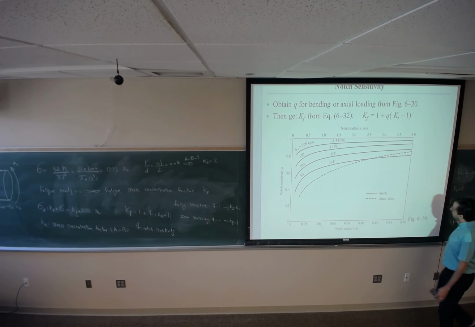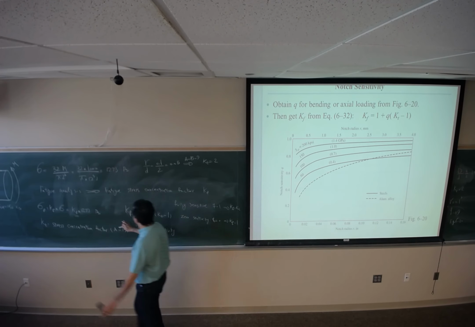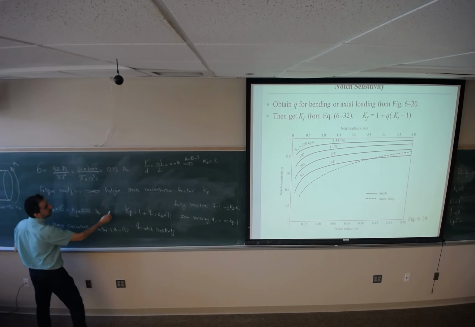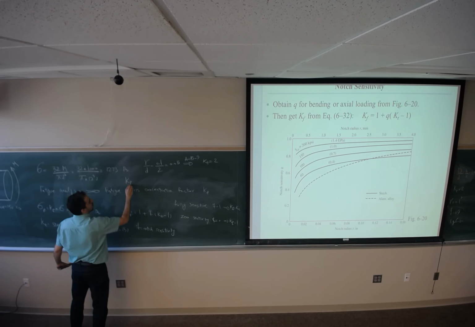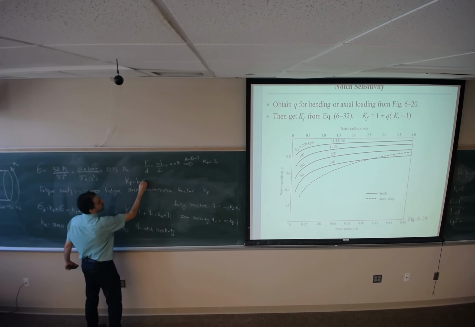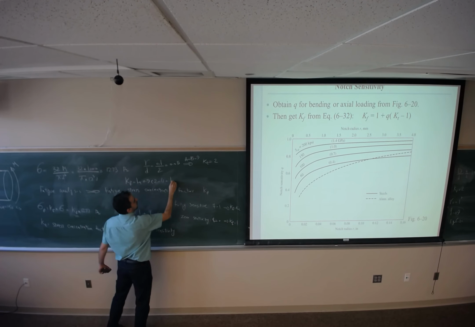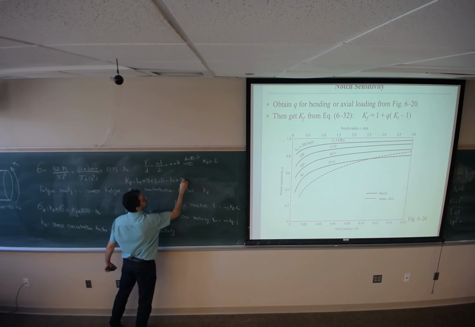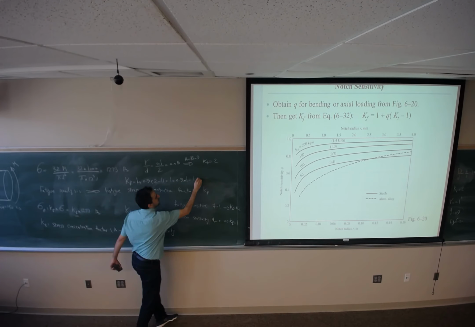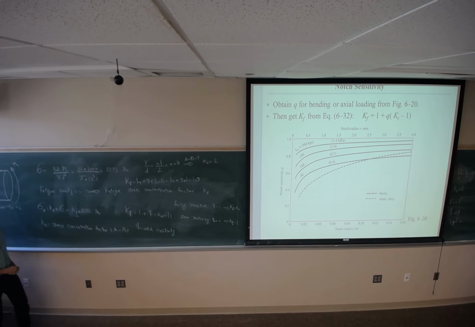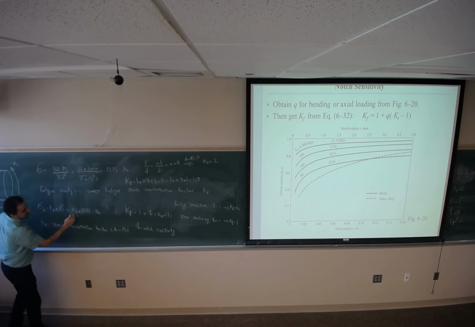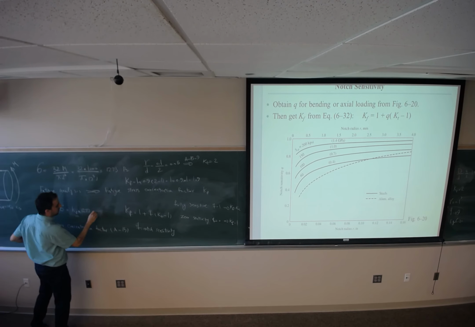Now I have everything to find Kf. Kf would be 1 plus Q, 0.9, times KT, 2, minus 1. It's going to be 1 plus 0.9 times 1, or 1.9. So this 1.9 is going to be multiplied by 1273.